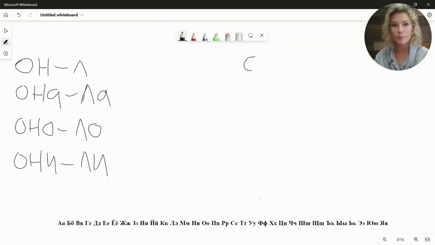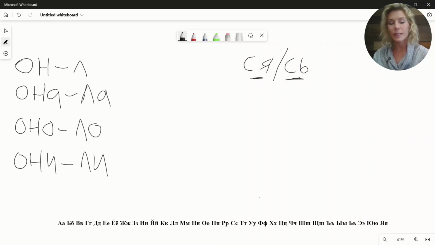I'll write it down for you. Sa and s with a soft sign. These are the two endings that reflexive verbs will have in the past tense, in addition to L, la, li. Okay? In addition to those.